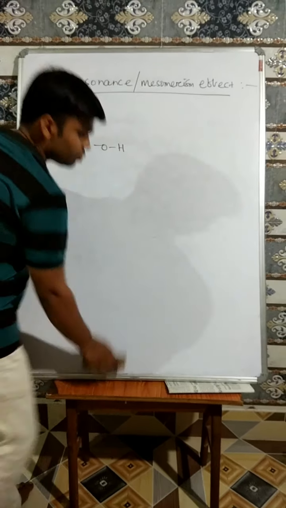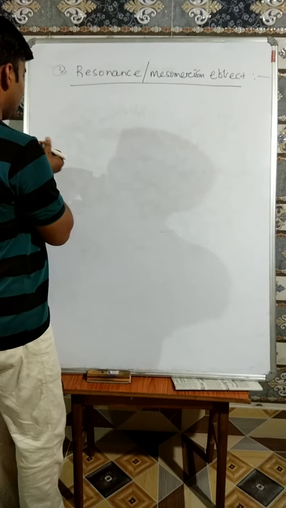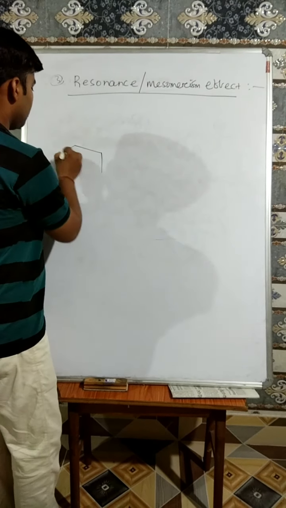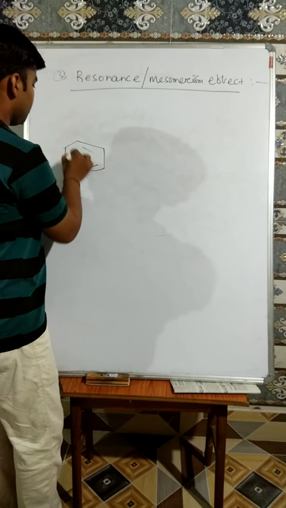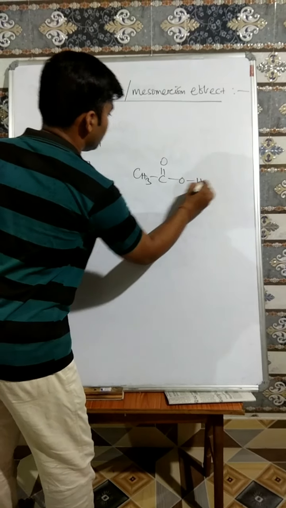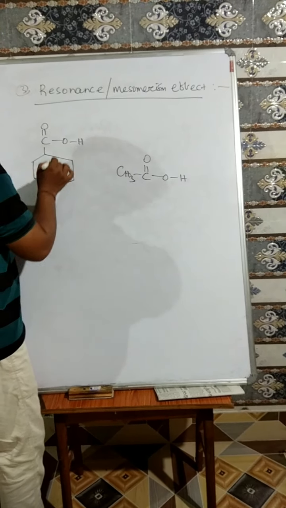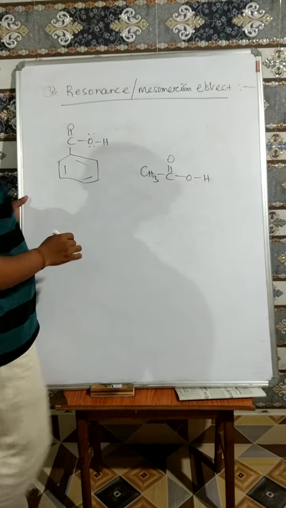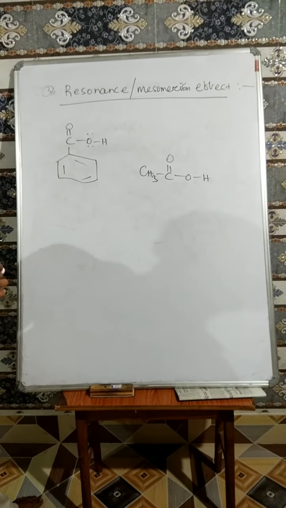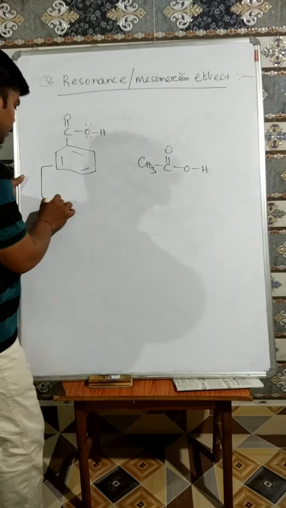For this purpose we take two examples: benzoic acid and acetic acid. Here benzoic acid is stronger in acidic nature, and that can be explained with the help of resonance effect.